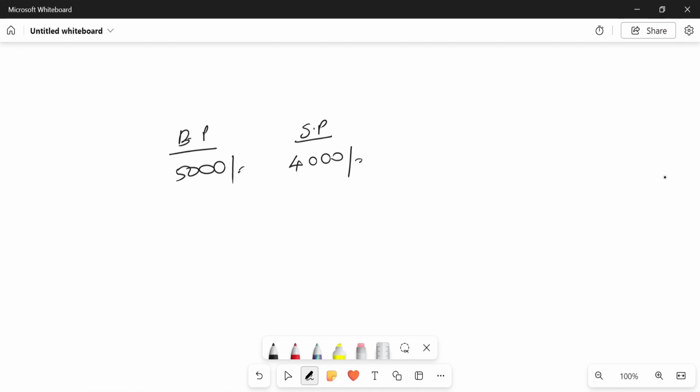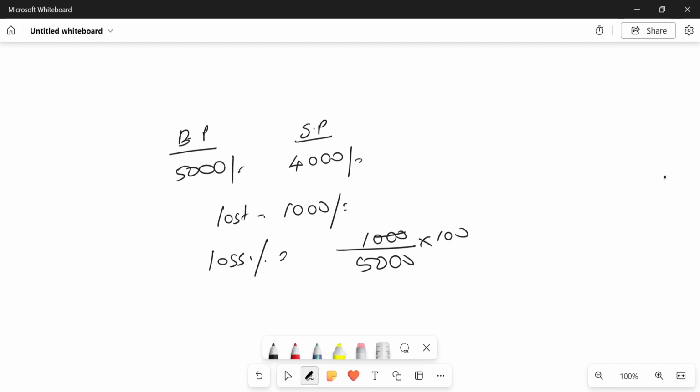So this business is a loss business because you are losing 1,000 rupees. So the loss amount is 1,000 rupees. So the loss percentage is loss upon cost, remember this formula, into 100. So we are getting the same number here as the loss percentage.